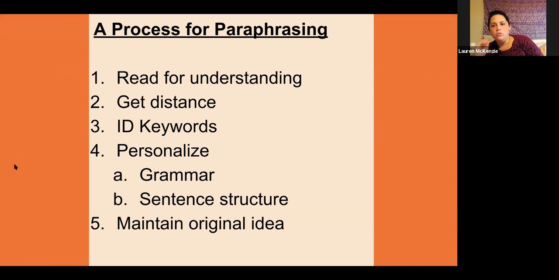So the first thing really is identifying that passage, identifying the text. Maybe it's a paragraph, maybe it's a couple of sentences that are really important. And you're like, I really need to include this in my paper. And the best way for me to include this is to paraphrase it.